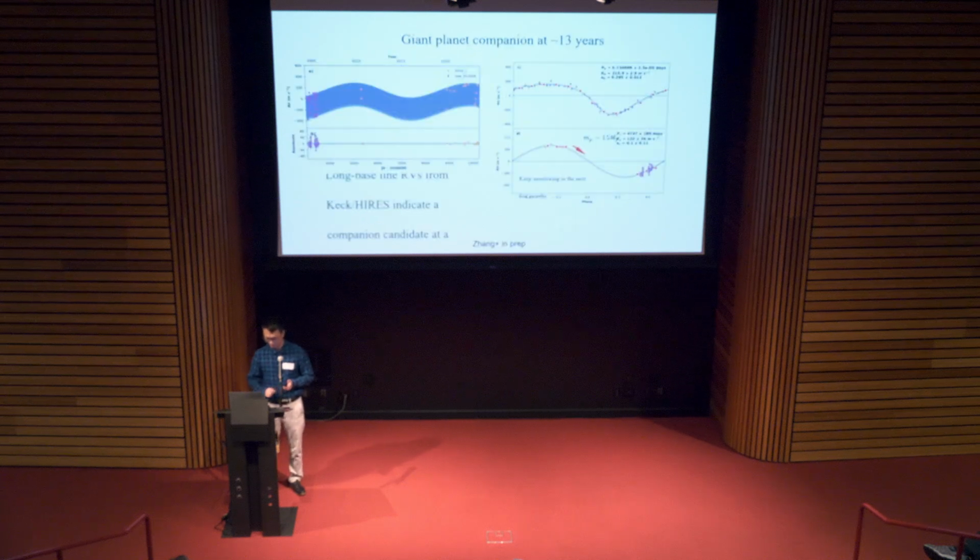But Jingwen and collaborators proposed for follow-up RVs because there might be an outer companion indicated by the astrometry.